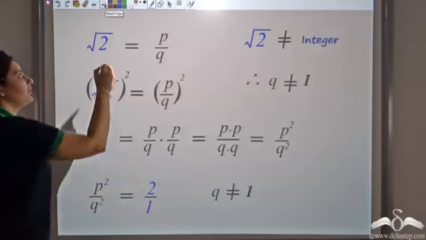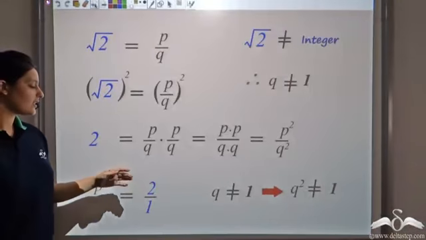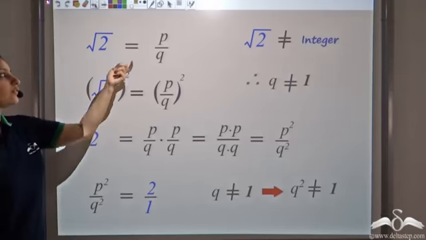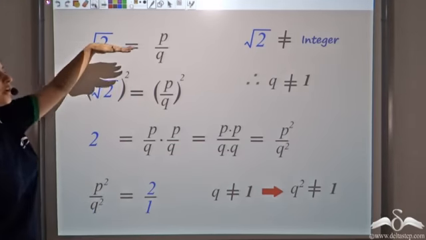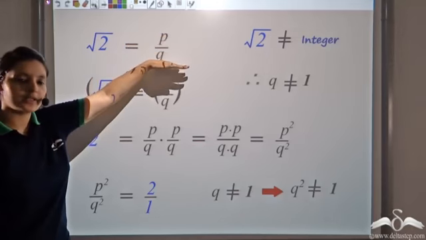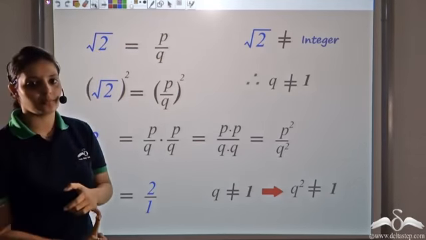So I cannot express under root 2 in the form p by q because I get a contradiction here. Since under root 2 cannot be expressed as p by q, hence I can say that under root 2 is not a rational number.